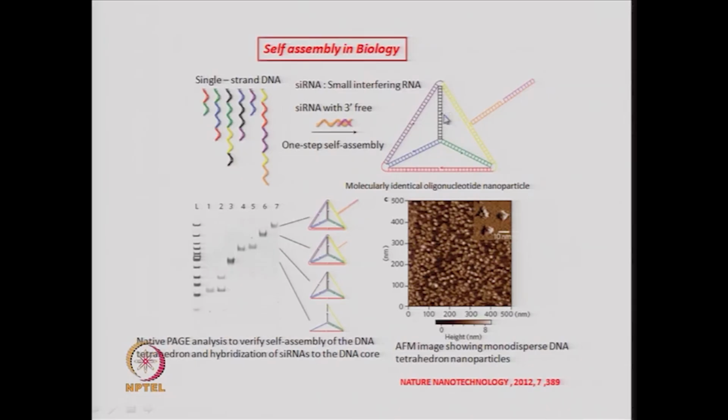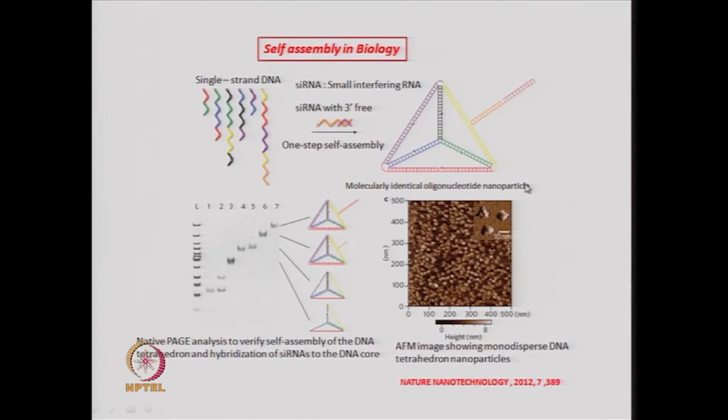So, starting from single strand DNA of a particular sequence, a DNA of a particular length is possible with self assembly, and here the self assembly is controlled using this small interfering RNA.